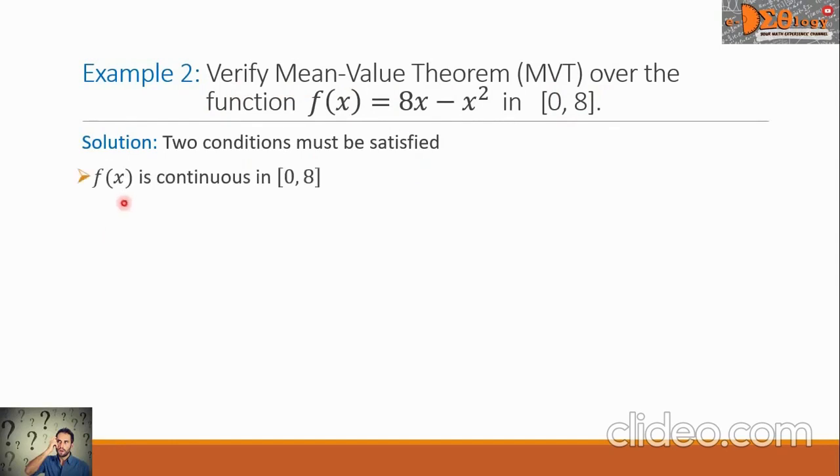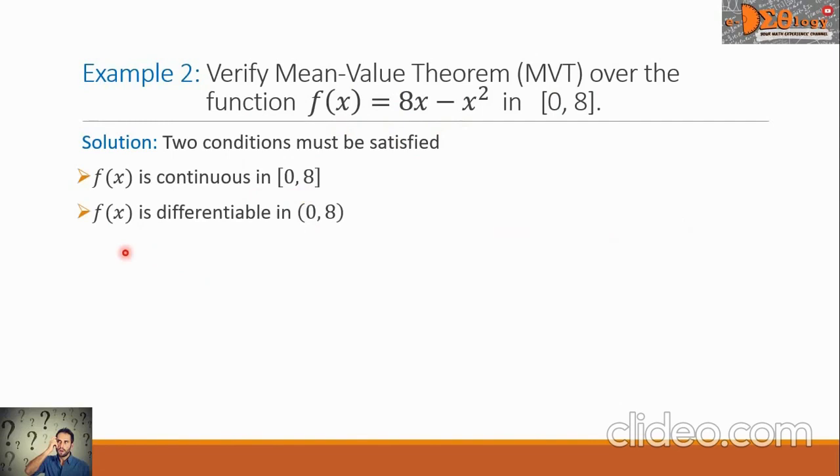First one, f of x is continuous in the closed interval from 0 to 8. We observe that our function is a polynomial function, and we know that polynomial function is continuous. So we say that f of x is continuous in the closed interval 0 to 8.